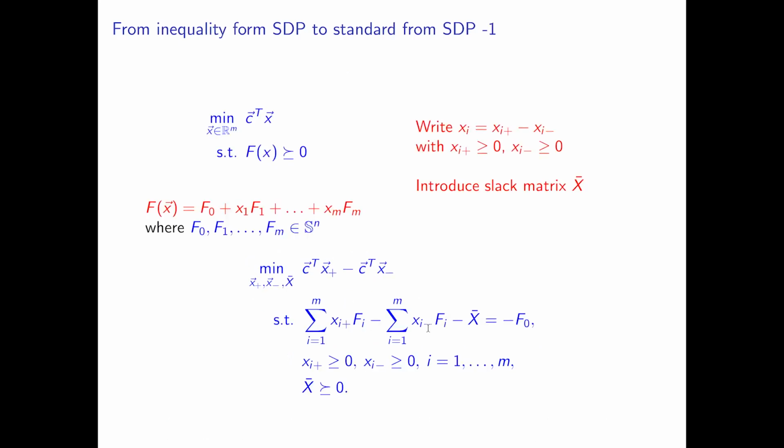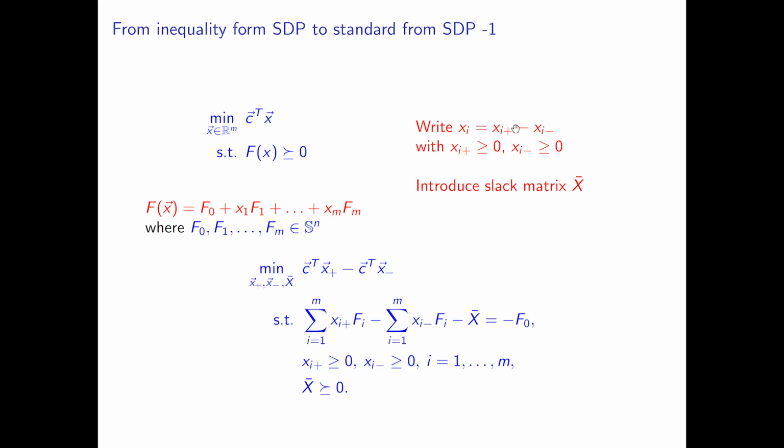Same sort of story going from standard form to inequality form. Suppose you already are in standard form. X is allowed to be free, so you split it up into the positive part and the negative part. For this positive definiteness condition, you introduce a slack matrix which represents the gap between this matrix f of x and the 0. So the first step is to write the objective by separating out the positive part of the variables and the negative part of the variables.